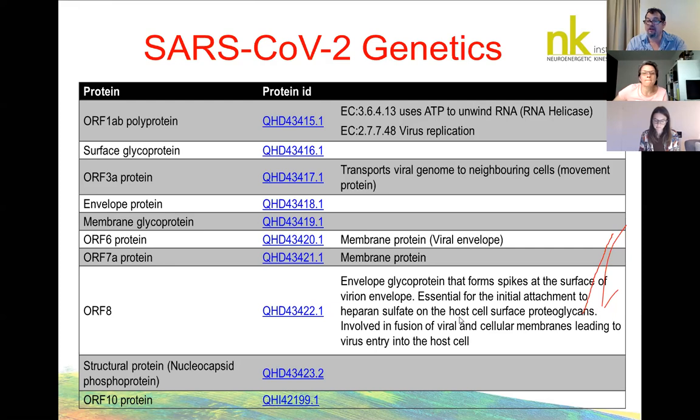And the proteoglycans, what you find is they're very important. You find them in mucous membranes. They're very abundant in all mucous membranes.